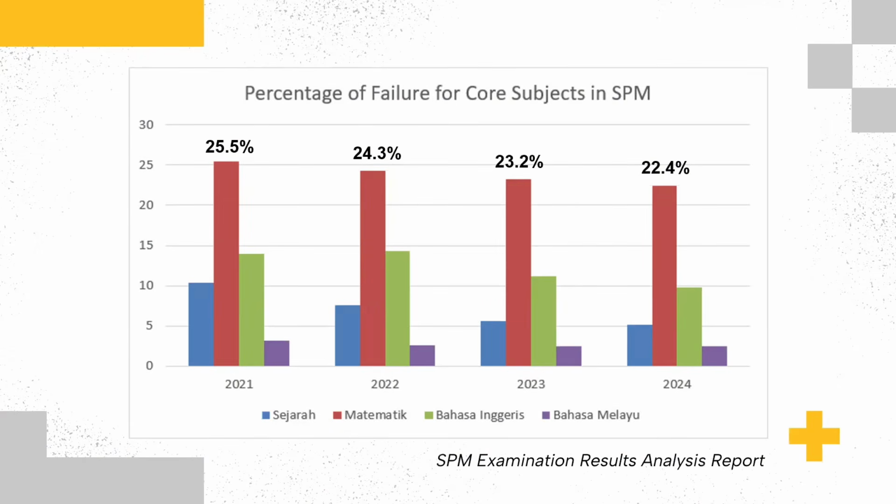In this figure, the SPM examination results analysis report displayed that 25.5% students failed in mathematics in SPM 2021, followed by 24.3% in 2022, 23.2% in 2023, and finally 22.4% in 2024.